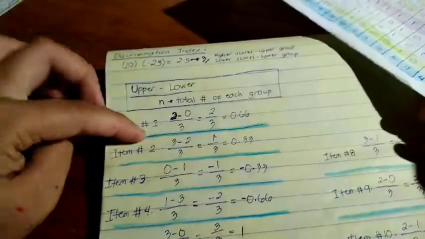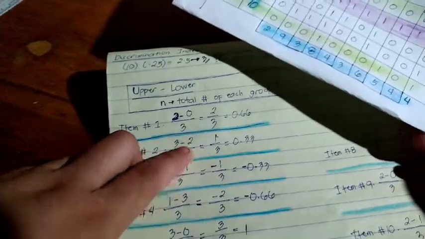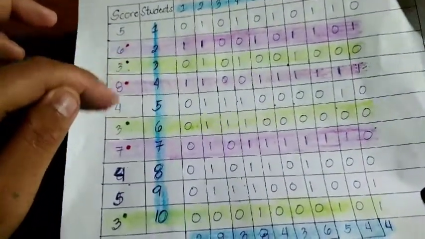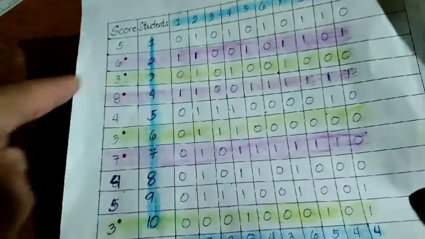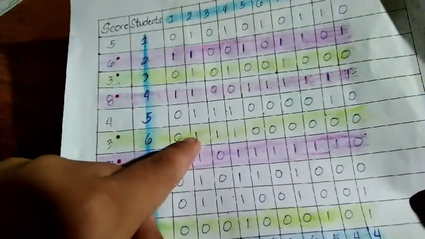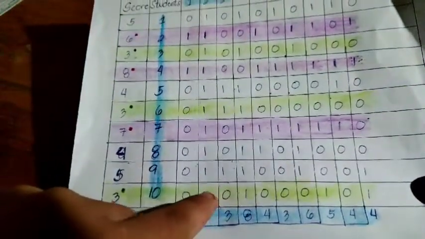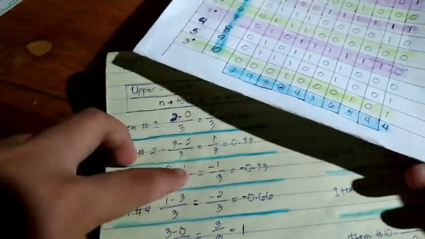In lower group, 2 minus 2. Itong lower group is 3, 3, 3. Atong first, nakakuha siya. Itong second, nga lower group, nakakuha po siya. And the last one is wala. So, 2. 3 minus 2 is equals to 1.